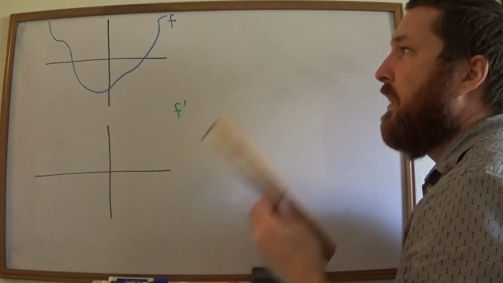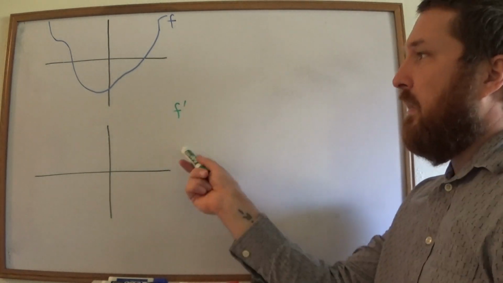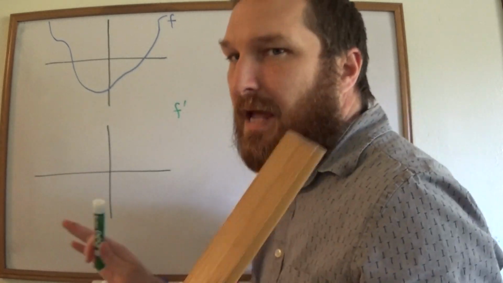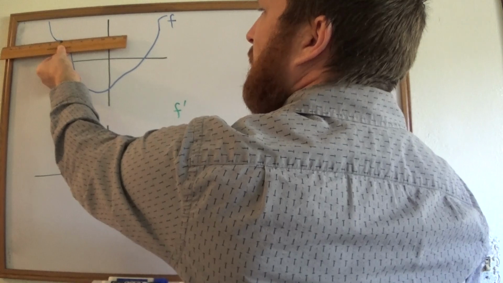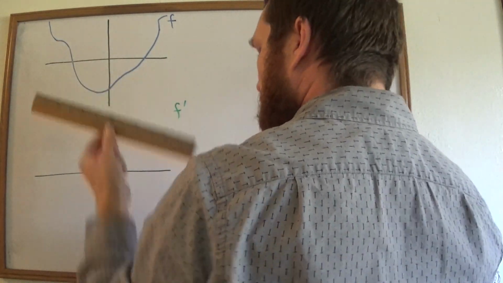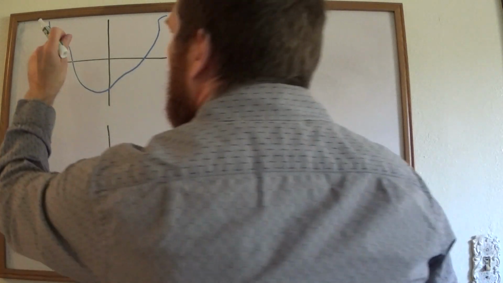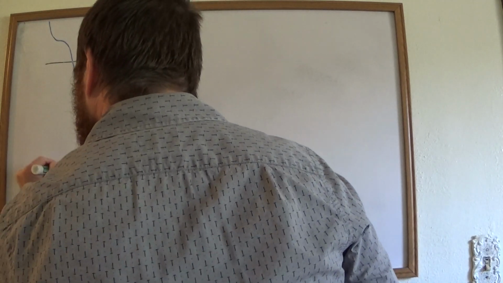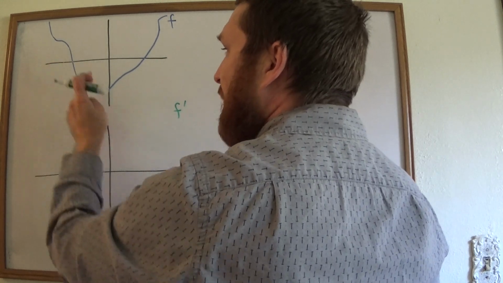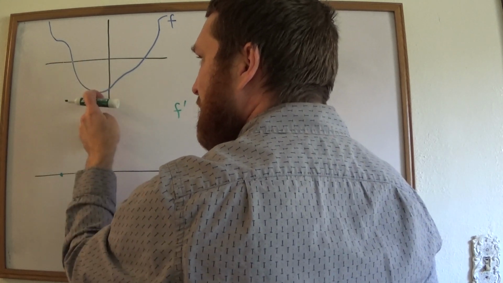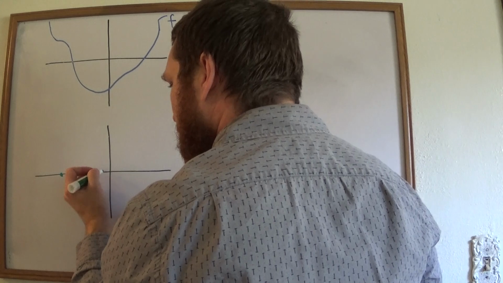Okay, so now that I have a general idea of what's happening, I'm going to say, let's find the zeros. It looks like a 0 there and a 0 here. The slope is 0 at that point, whatever x value that is, and then at whatever x value this is, it's 0 here.